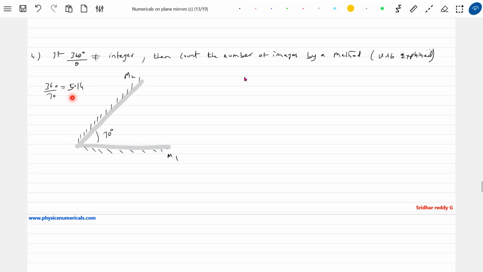What is the best method? The method we have is that you have to trace out the images. How to trace out images? I'll start with this one, the simplest method. The angle between the mirrors is in fact 70 degrees.